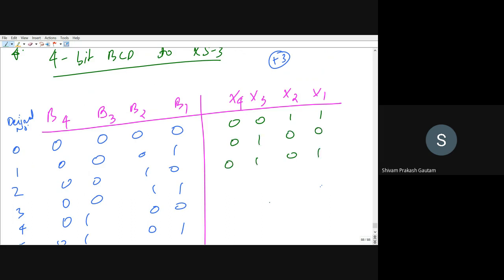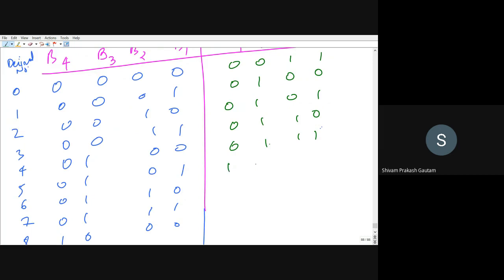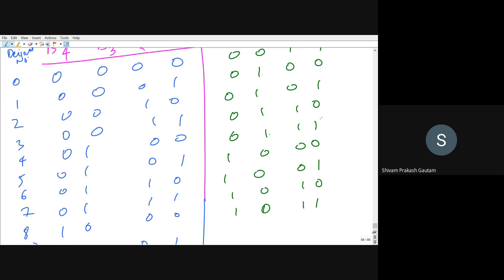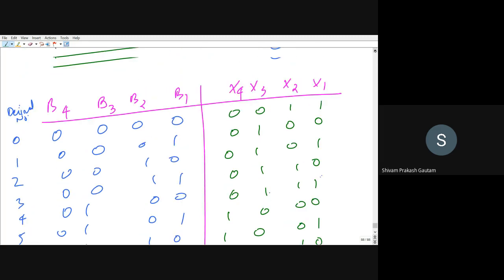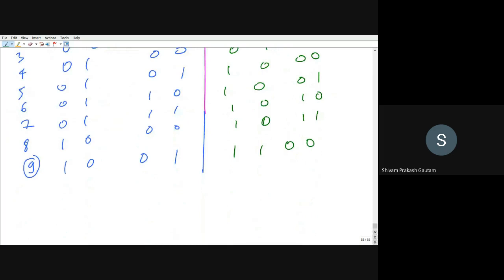Likewise, it will increase. 0101, 0110, 0111, 1000, 1001, 1010, 1011, and the last one is 1100. Now we have made the truth table.